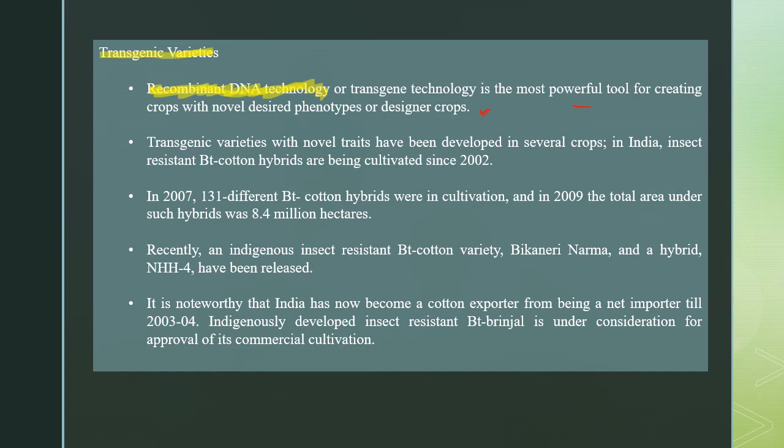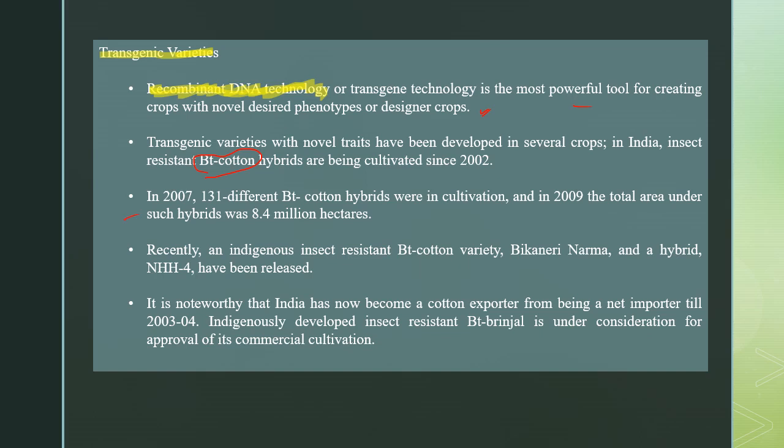That means we can design our plant breeding according to our needs, and we can incorporate our desired gene from unrelated organisms into our crop varieties, which can help us in providing better resistance and better yield, such as in case of Bt cotton, which is more resistant to lepidopteran insects, and that makes it more insect resistant and higher yielding.